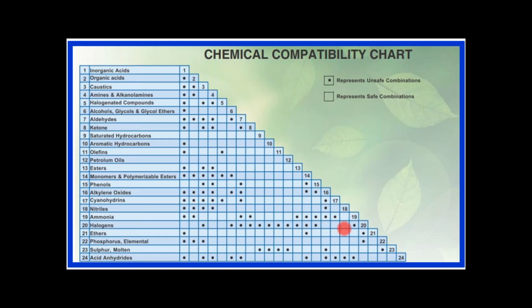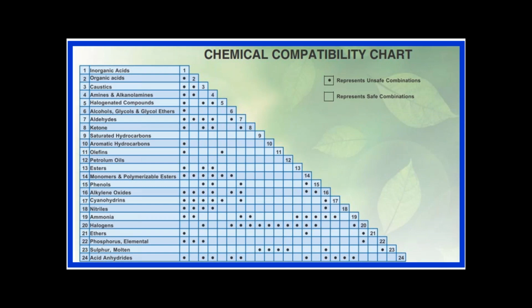The rest of the groups are compatible with halogens. So you can easily observe these groups, and you have to check which group the chemicals used in your industry belong to, and then check whether these chemicals are compatible with the other types of chemicals. So that is the simple chemical compatibility chart.